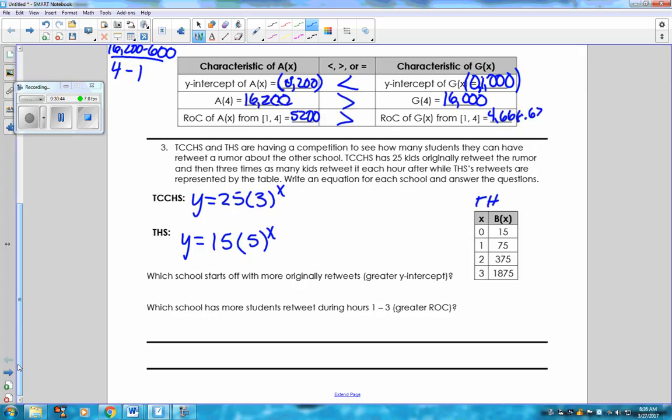So the question was, which school starts off with the most original retweets? Thomas County Central.